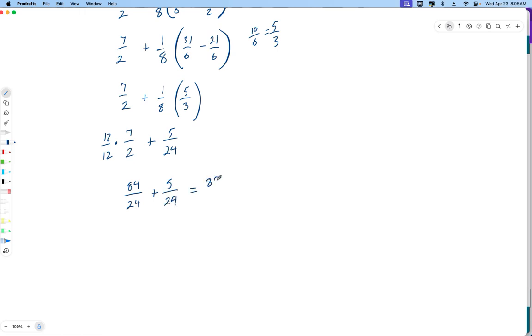That's going to be 89 over 24. That is your answer, my dear. And you can leave it as an improper fraction. You know that algebra prefers improper fractions anyway. If you want to know what it is, then you can absolutely solve it.